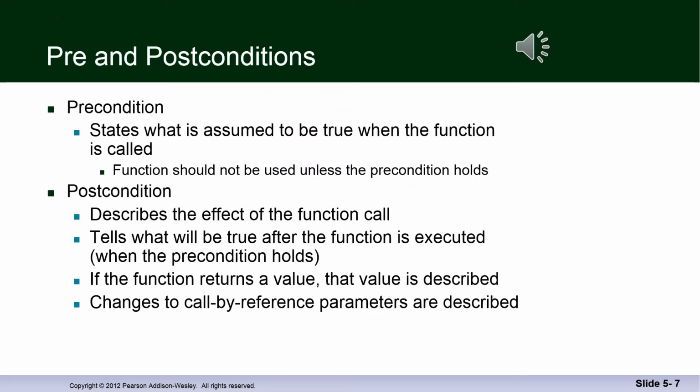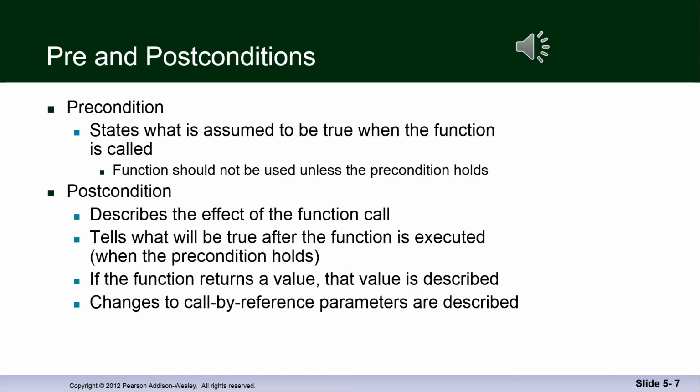The author next presents pre- and postconditions. This is a structured approach to writing the documentation for function declarations. A precondition states what is assumed to be true when the function is called, and the function should not be used unless the precondition holds.